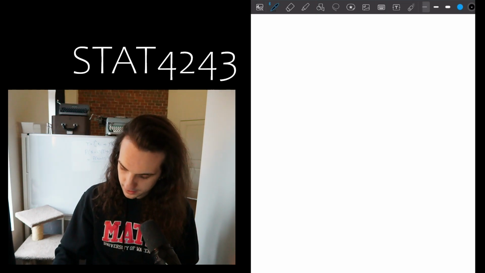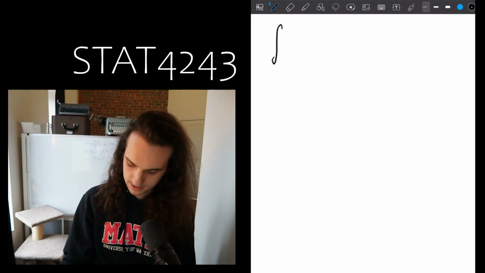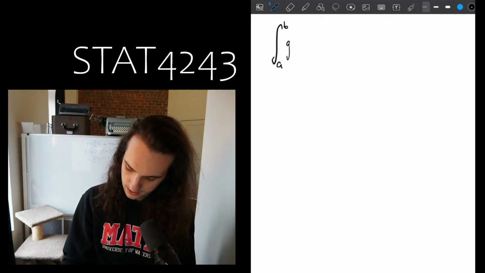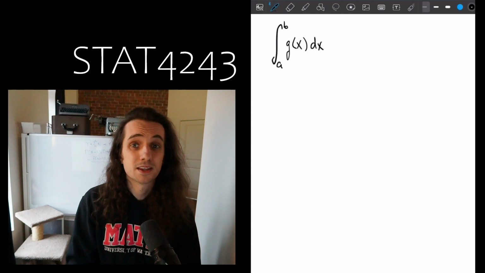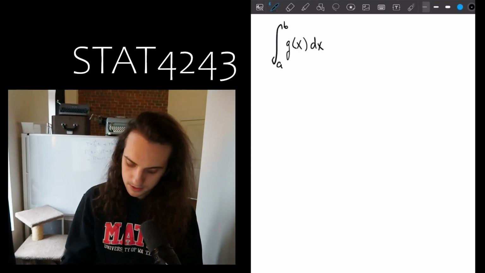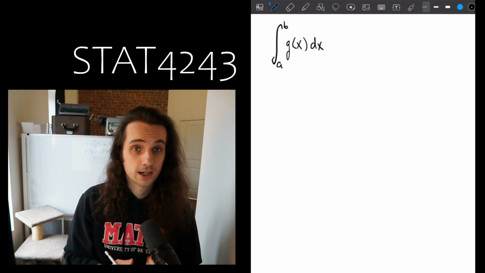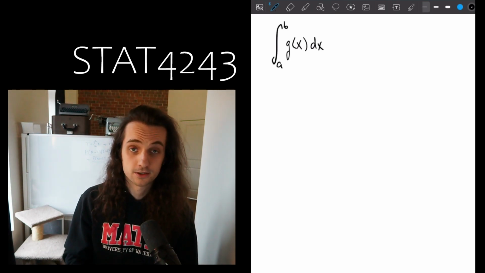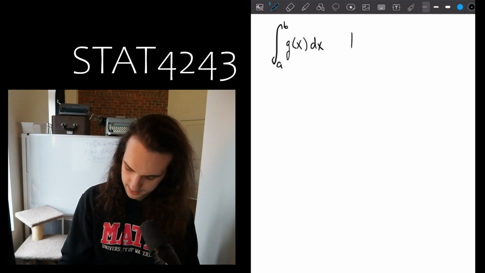And so as always, what we're trying to do here is solve some integral from a to b of g(x) dx, right? And we'll assume that this is well-defined. Then what we might think to do is, instead of integrating over the range a to b directly, maybe we generate a whole bunch of cut points, right?